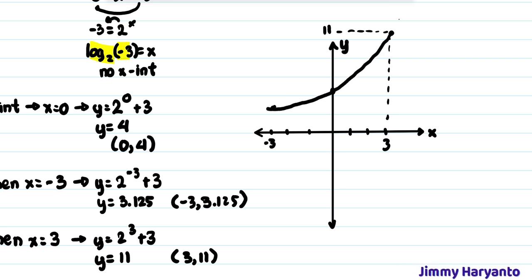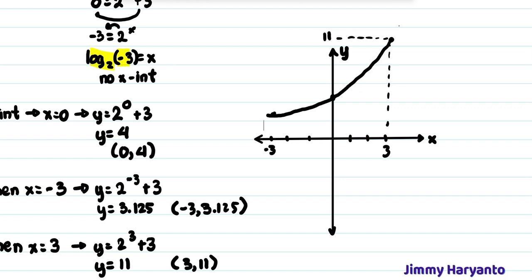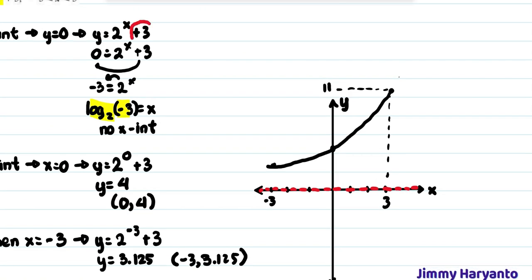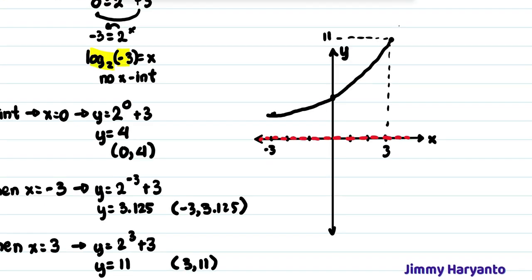Okay, so in exponent function, it also has asymptotes. The asymptote will be at the x-axis originally, but if there is plus 3 at the end of the function, that means the asymptote is already shifted 3 units up.